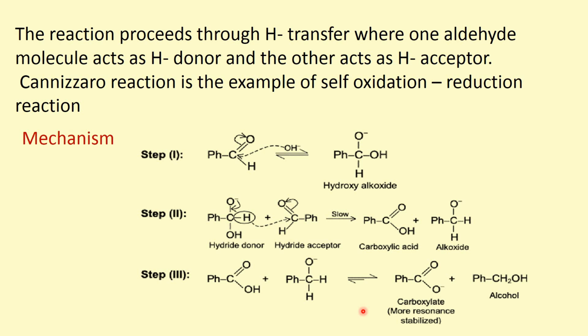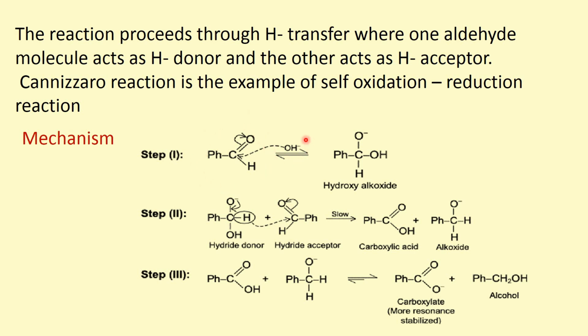Now, this Cannizzaro reaction proceeds through hydride transfer. Here, one molecule is the donor of hydride, that is H minus, and another molecule is the acceptor of hydride. That means the Cannizzaro reaction is an example of a self oxidation-reduction reaction. Now see the mechanism. So this is benzaldehyde.